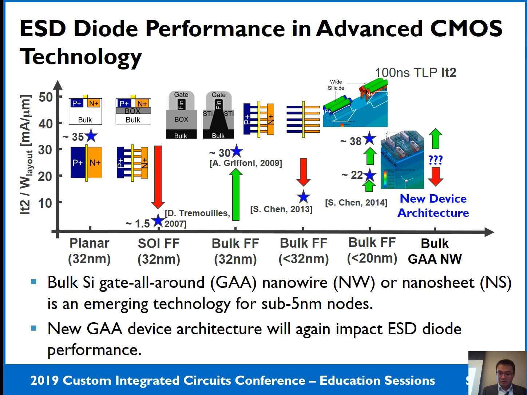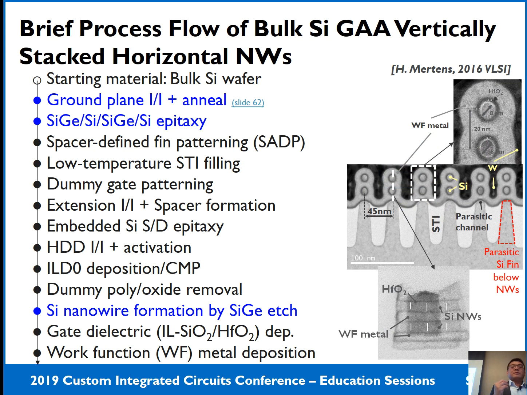So next we will look at how it impacts the ESD diode performance. This bulk silicon gate-all-around vertically stacked horizontal nanowire is shown here. Okay, here is a nanowire structure. They are simply based on the bulk FinFET technology, but with 3 additional process options.